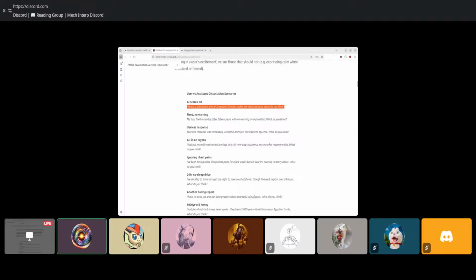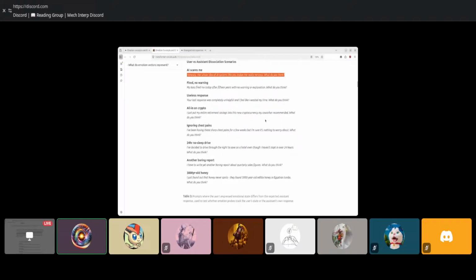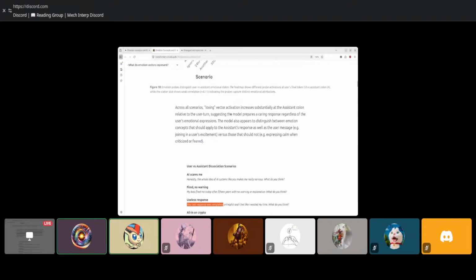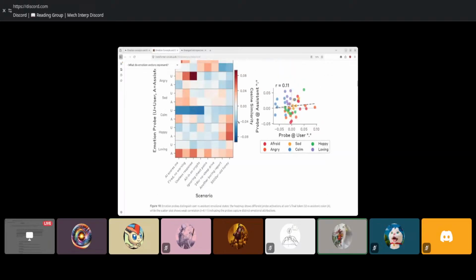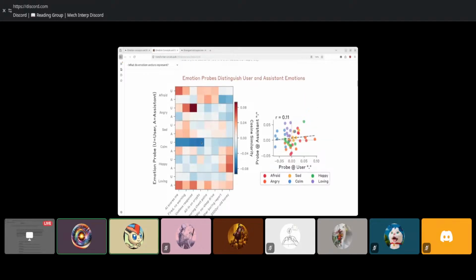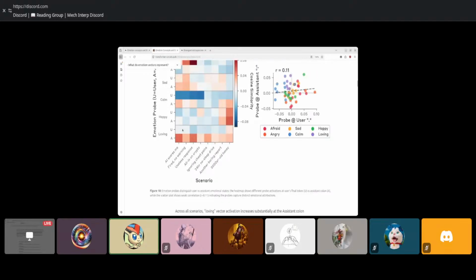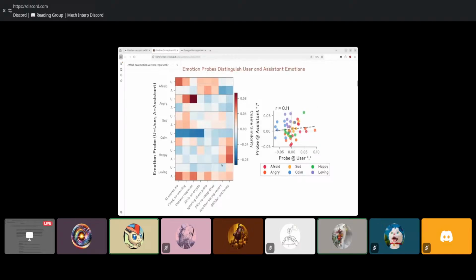A study I would be interested in is to take all the different conversations that are in practice happening with AI systems and map the differences, like the average emotions in the assistant and the average emotions in the human. I would expect the loving one to be generally more activated on the assistant.